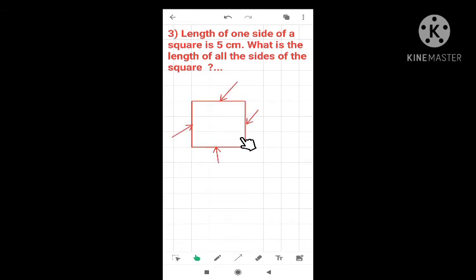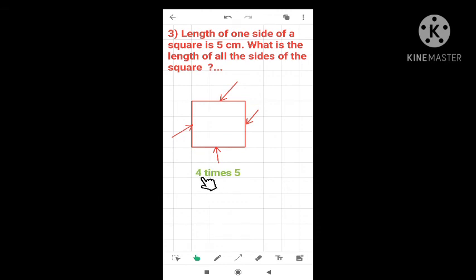This is a square and these are its sides. So we have to find the total of all the sides. If one side of a square is 5 centimeter, all the sides are of 5 centimeters.